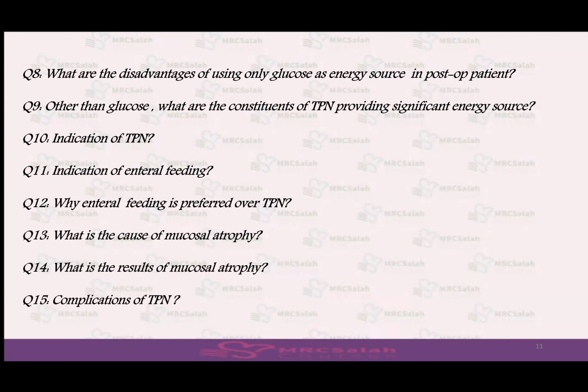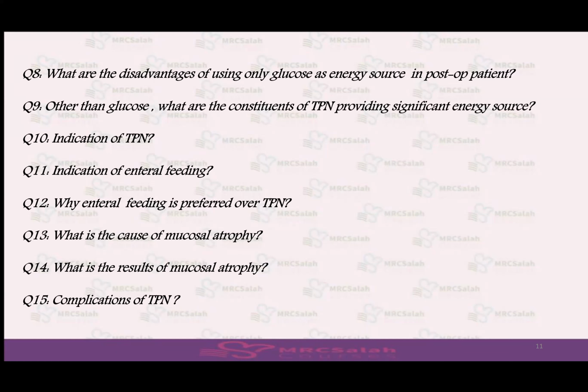What are the complications of TPN? I think we can put them into line complications and then feed complications. So line complications: injury to surrounding structures, infection and sepsis, and then thrombophlebitis or venous thrombosis.